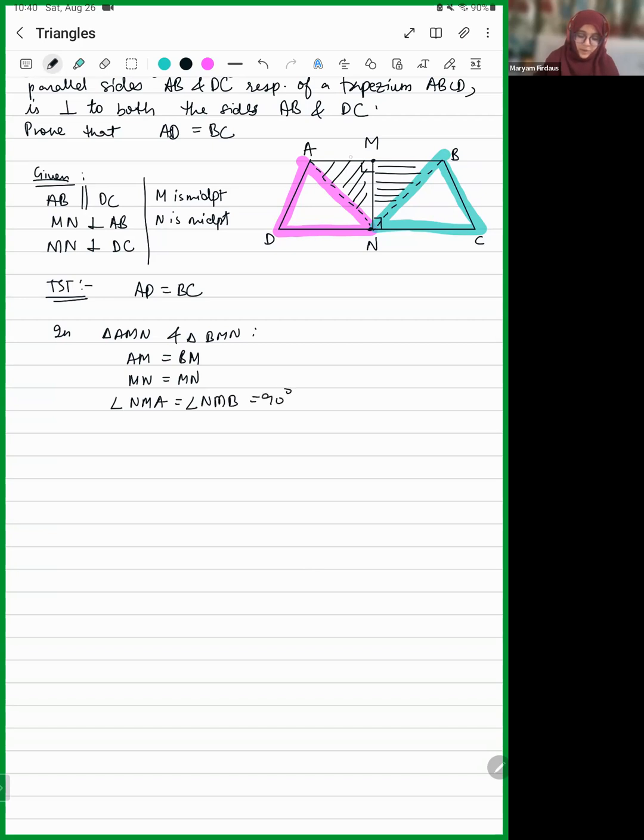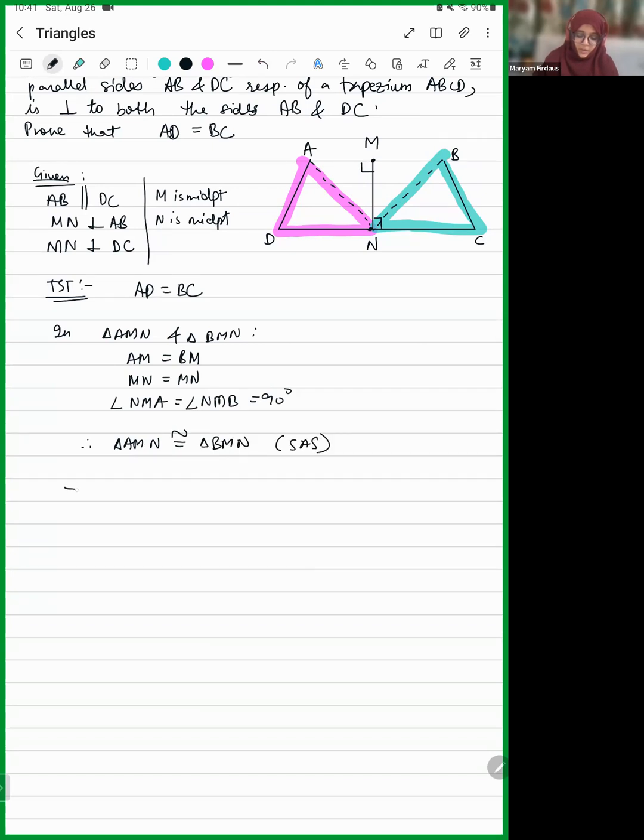By which rule? SAS. So by the SAS rule, triangle AMN is congruent to triangle BMN.